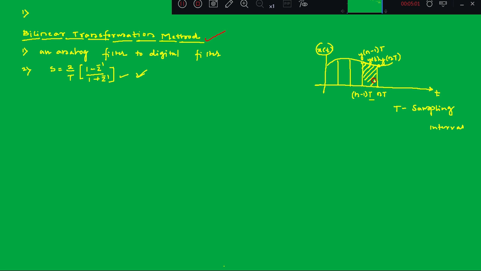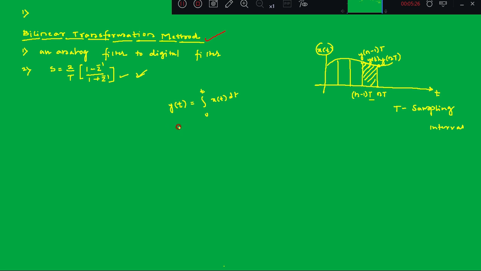How do we calculate the area? By taking the integration of this one, yes or no? Integration of x of t. So y of t can be computed by integrating x of t over 0 to t. Understood?